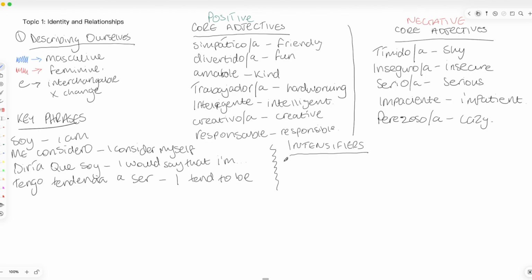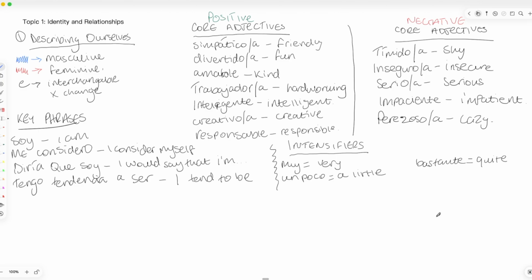So we obviously know the basic muy is very, un poco is a little, bastante is quite. Yeah, those three intensifiers are always going to be sort of your go-to, the ones that you want to look for the most.